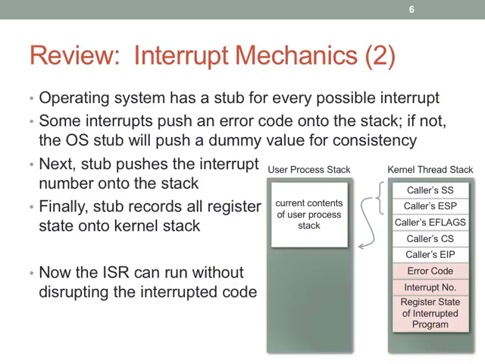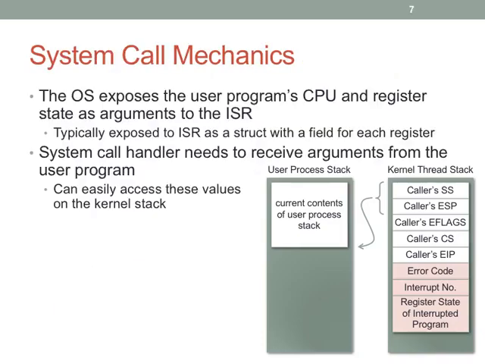Okay, and now the interrupt service routine can do whatever it wants. It can change registers, it can maybe re-enable interrupts if we support preemption, it can switch to a different kernel thread because, hey, we have all the state of the current kernel thread saved. So the interrupt service routine gets the program counter and register state.